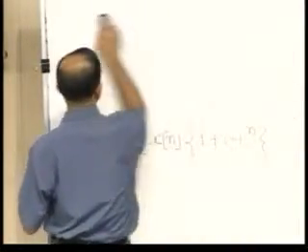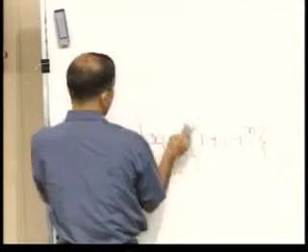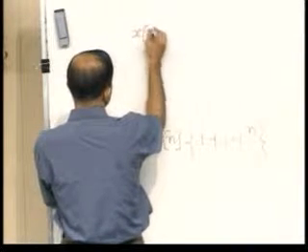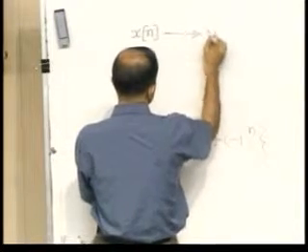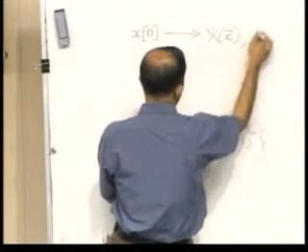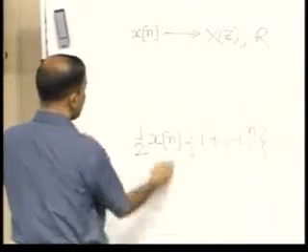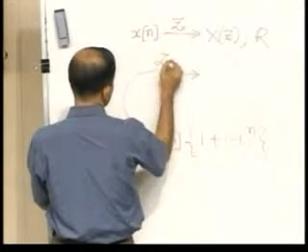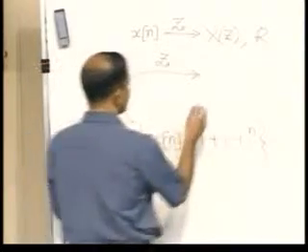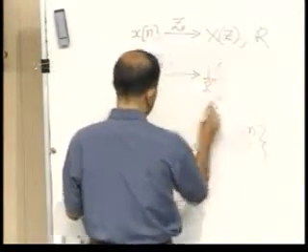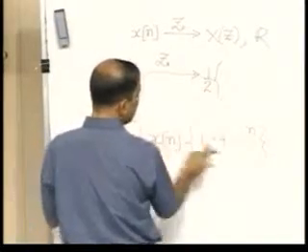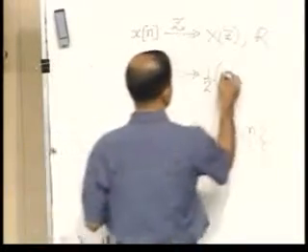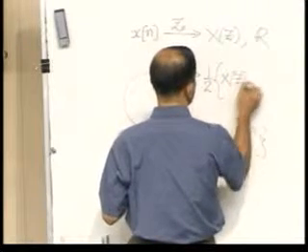So let the Z transform of x[n] be X(z) with a region of convergence R. The Z transform of this would then be half of X(z) plus X(-z), since x[n] into -1 raised to the power of n has transform X(-z) by the modulation theorem.